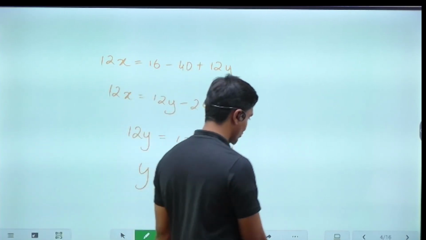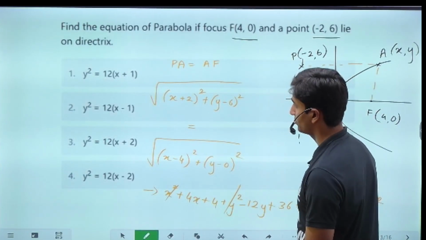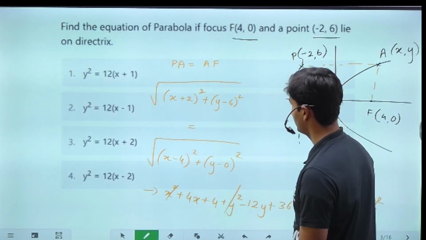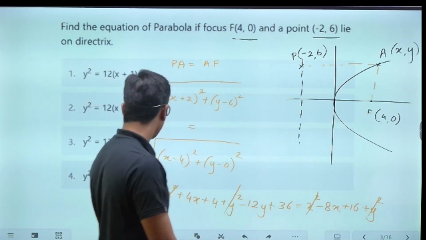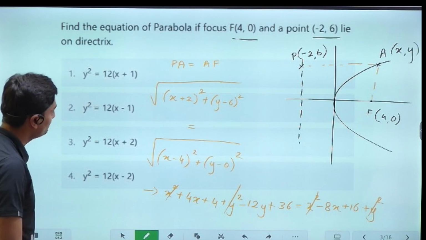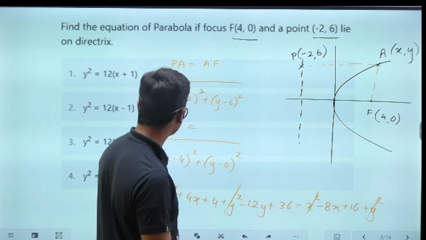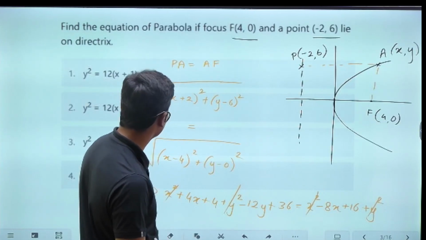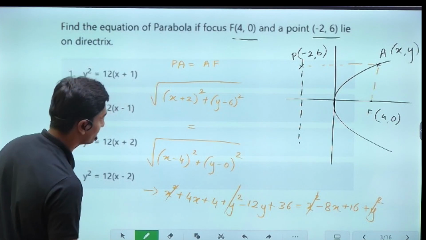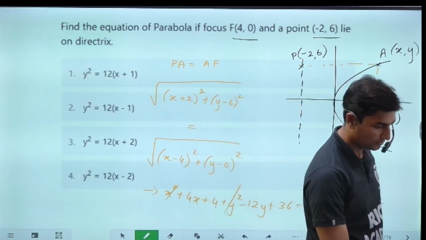But basically, it should have been on a square basis here, right? X plus of 2. Okay. Yes, just a minute, guys. I think I have made some mistake here. Distance formula is same. X minus 4 whole square plus y minus 0 whole square. X plus 2 whole square plus y minus, yes, it is right. Just a minute, yeah. Let me just check.